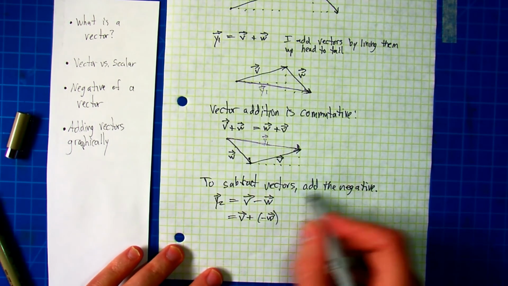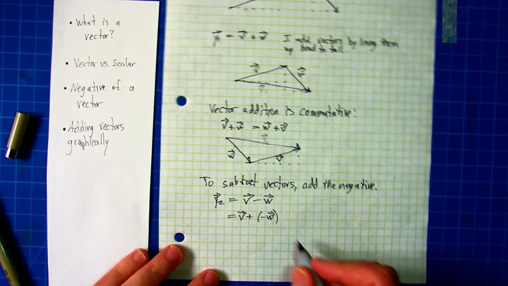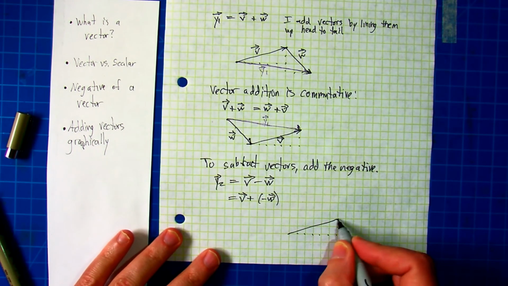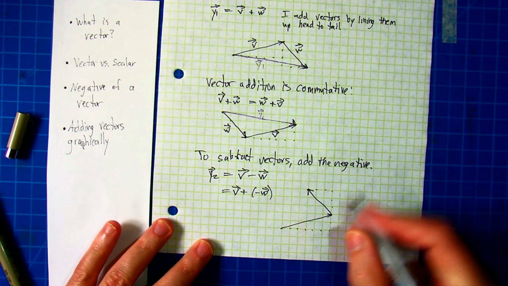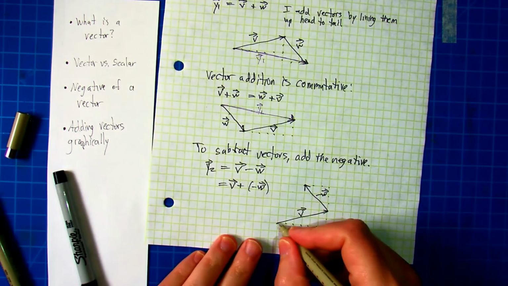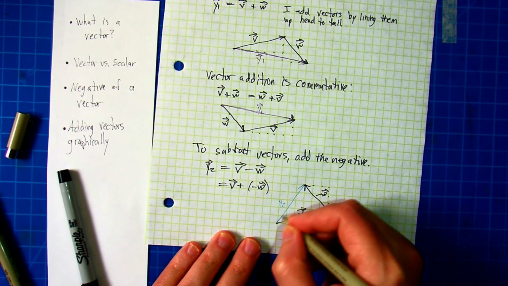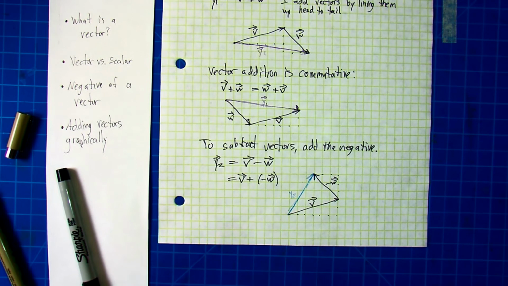So I'll start somewhere down here, and I'll do v, and w goes down this way, so negative w would go up and left instead of down and right. And the result is your original start to your final ending place. This is y2, this vector here. And that's all about some basics of vectors.